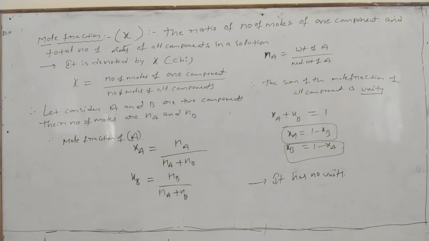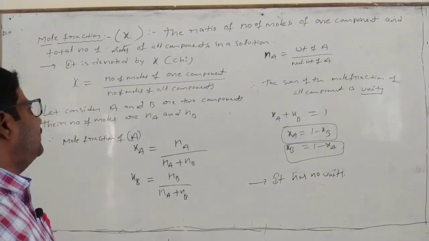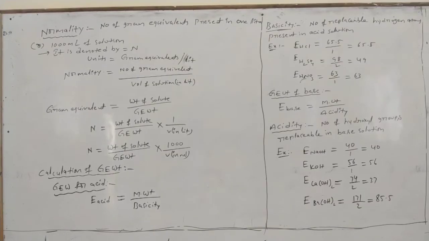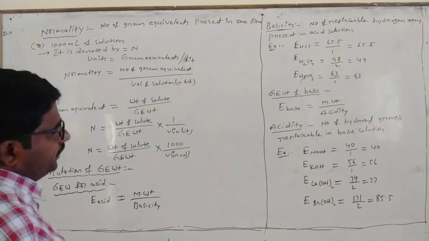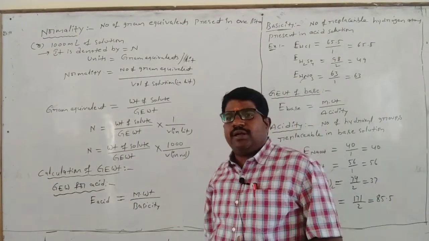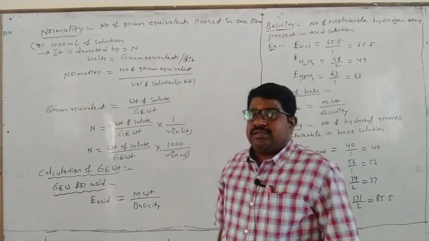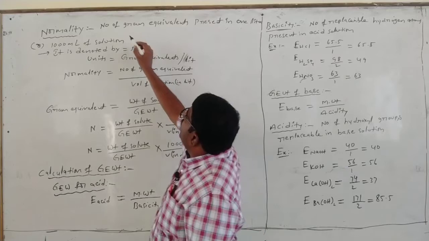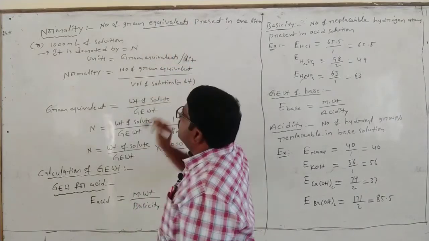And the next one is normality. How to define normality? Normality is the same as molarity, but instead of the number of moles, you take the number of gram equivalents.